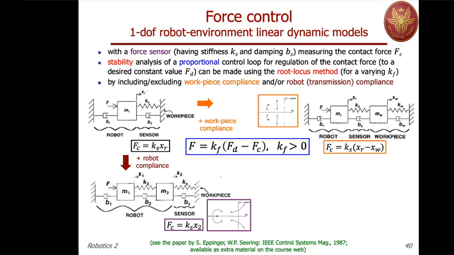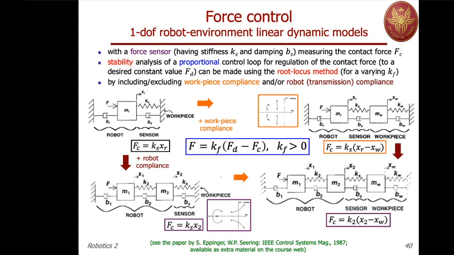And this instability is typically recognized in experiment by a chattering of the contact between the end effector of the robot and the environment. Indeed, if you put both situations together, so the compliance of the transmission and the compliance of the workspace, you will get a 6th order system, so three second order dynamics.